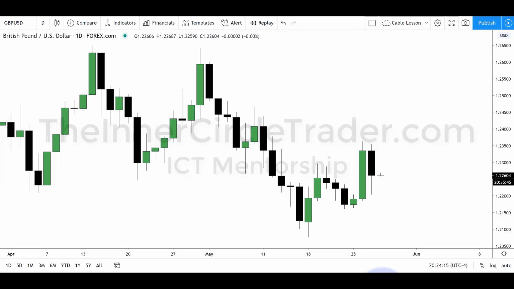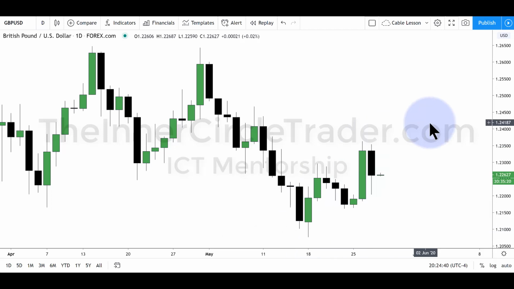And I want to revisit an idea I mentioned in our most recent commentary, talking about what the market was in terms of profile. The British pound has been in a range, and we did trade down into a BISI, just very shallow, like I mentioned we would, and we traded back up into the range.